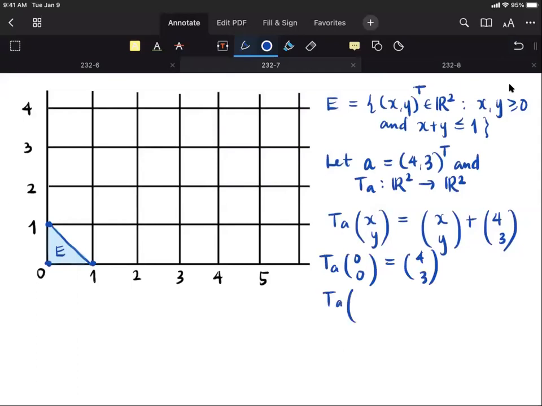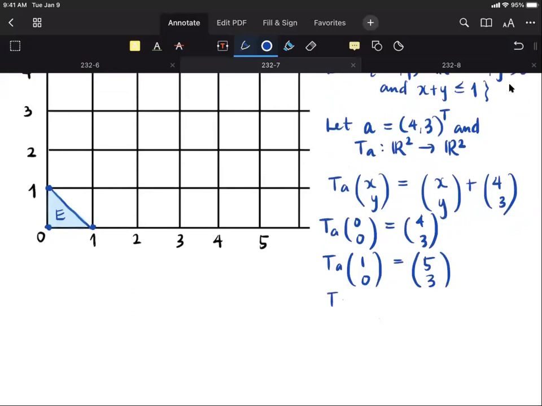T sub a of (1,0): we need to add 1 to the first component. And finally, for (0,1), you need to add 1 to the last component of the vector a. So this should be (4,4).